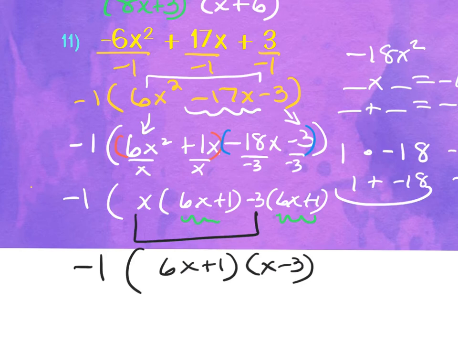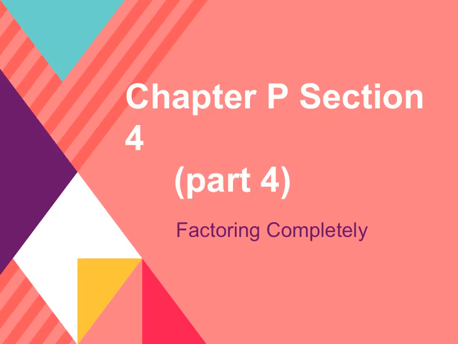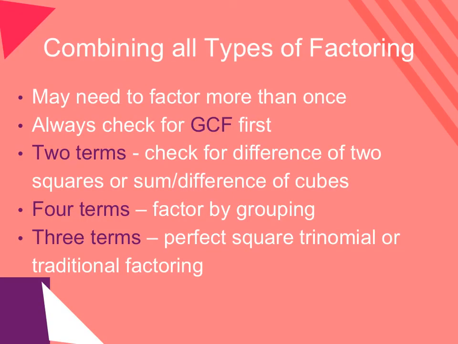All right, so this is all the information you need to do the P.4c homework. The next section of these notes, which was originally part 4, is the instructions are to factor completely. So it's nothing new. All we're going to do is combine all of the techniques I've shown you into one problem. So what you should always do first is look to see if you have a GCF first.